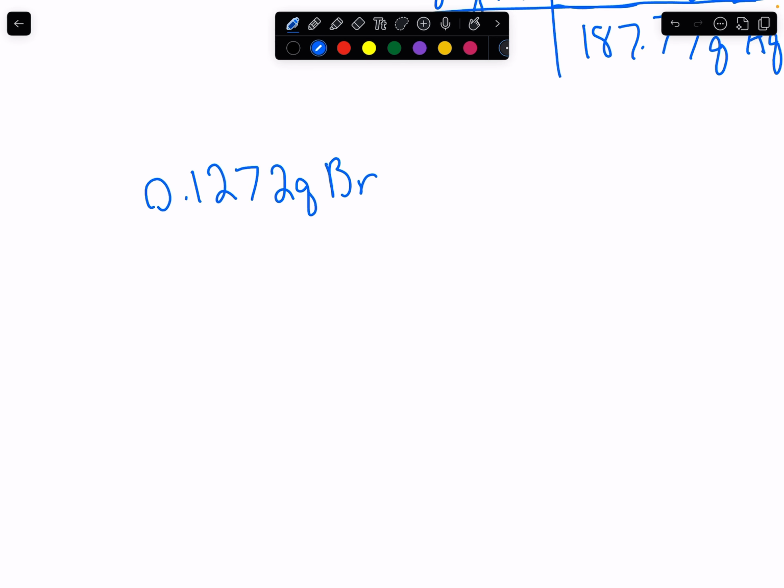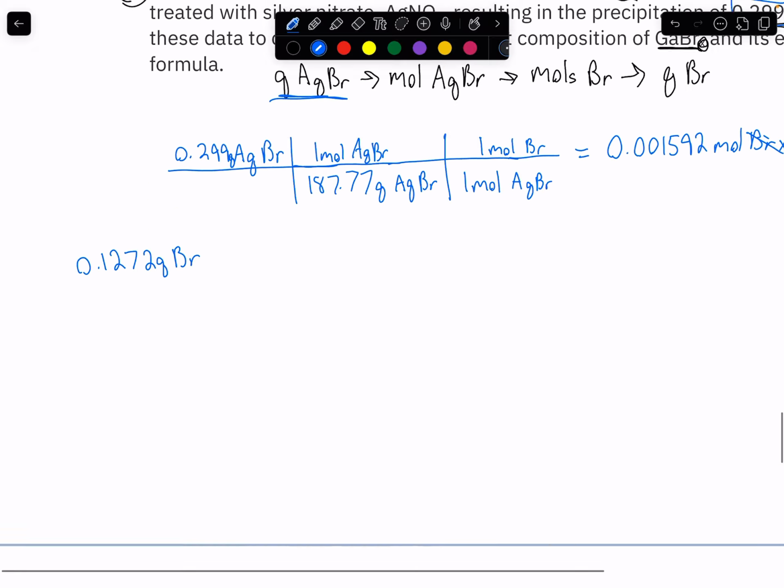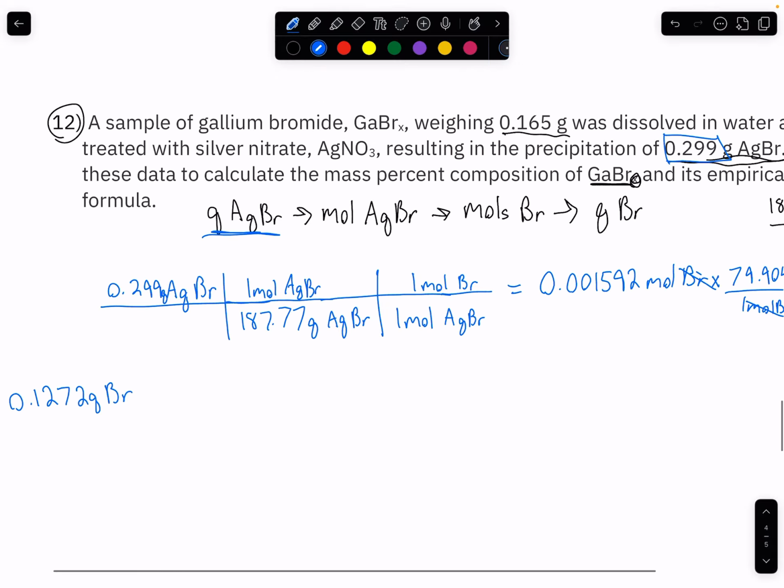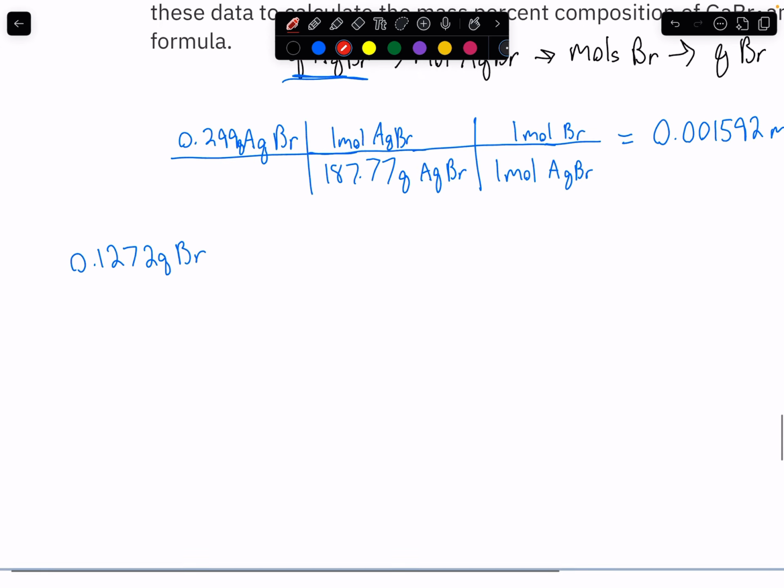From there, you can calculate the percent of your bromine and your percent of your gallium. How you're going to find the gallium is you would take the grams, I'm going to put this in red, the grams that are here, this total, and you're going to subtract it by the grams of bromine.